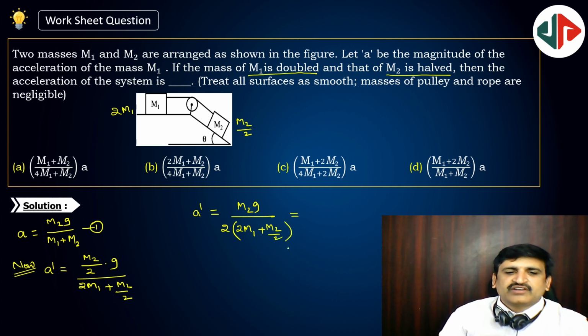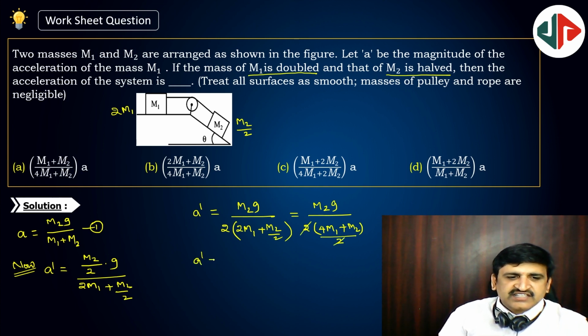So suppose in LCM I took, what happens? M2g by 2, 2 twos are 4, 4M1 plus M2 will come. And by 2 is there, by 2 is there, I am taking LCM, this 2 will go. So A dash is equal to, what is M2g from 1? M1 plus M2 into A I can write, M2g by 4M1 plus M2.